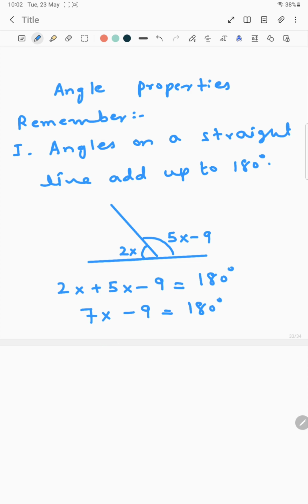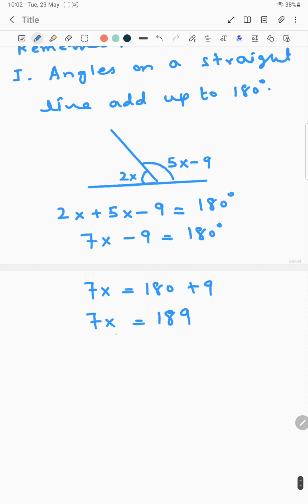Minus 9, when minus 9 goes to the other side, we have to convert it into plus 9. So 180 plus 9, which will be equal to 189.